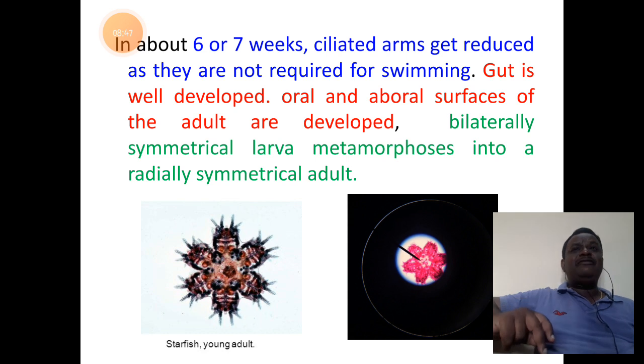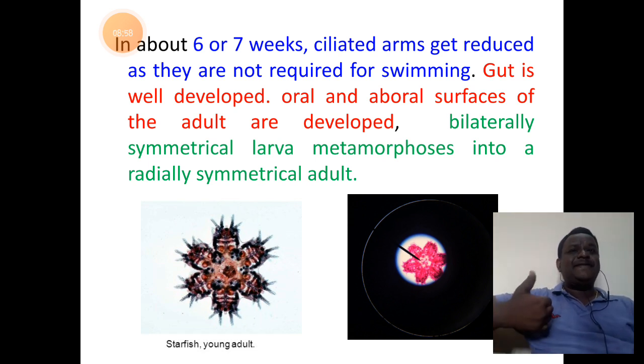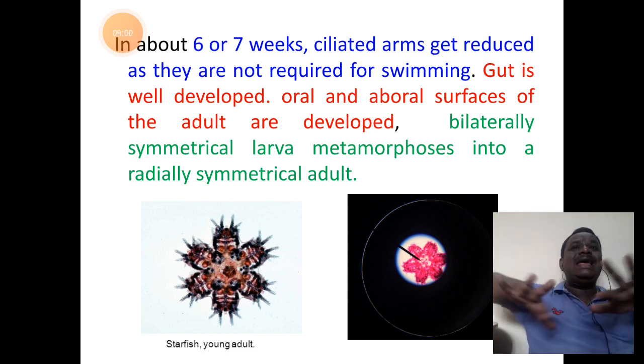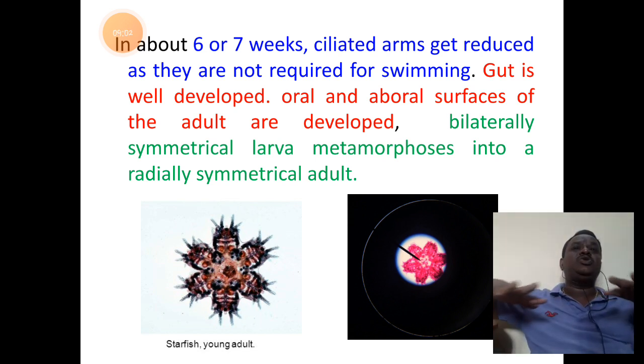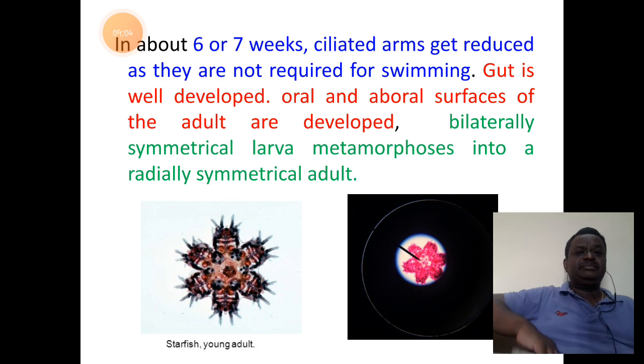The next important feature is that the body coelom develops the water vascular system in the organism. The next feature is that the 5 radiating arms get attached to the pentagonal central disc.